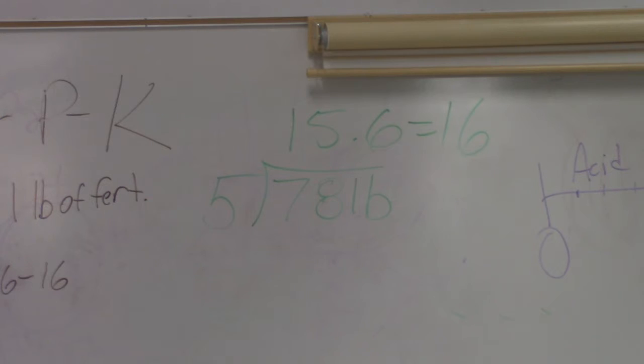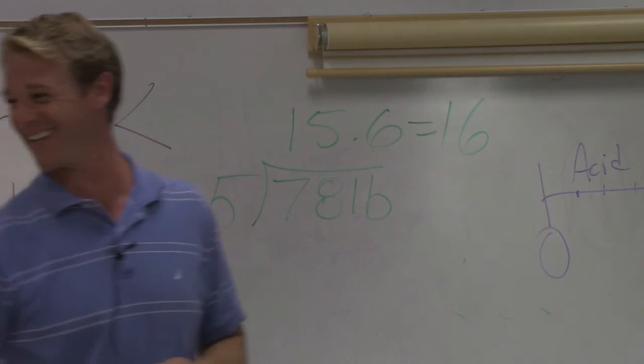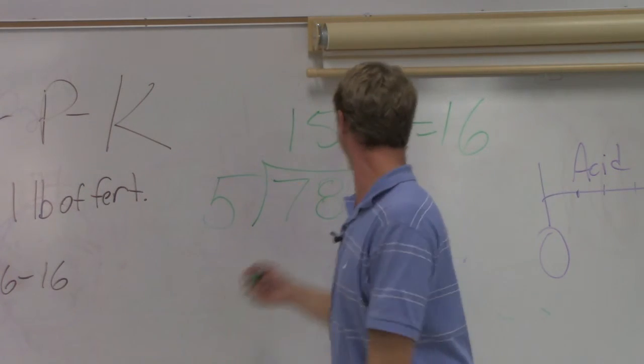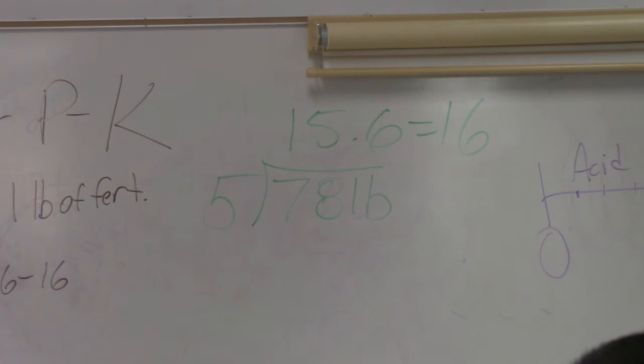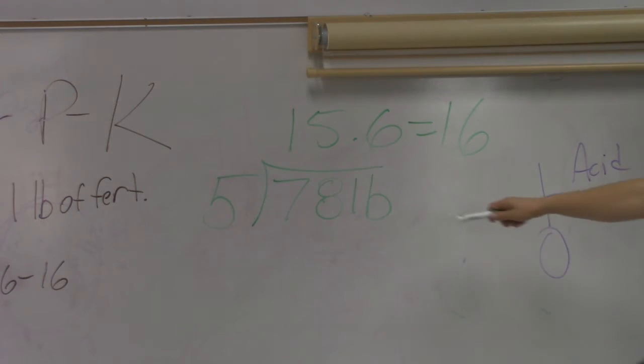Do you get it? There it is. You take that number you're told to put out, divide it by the amount of pounds per acre. Got that?